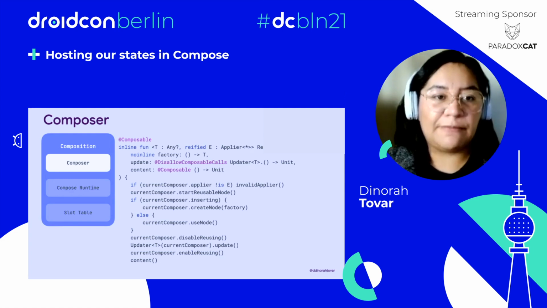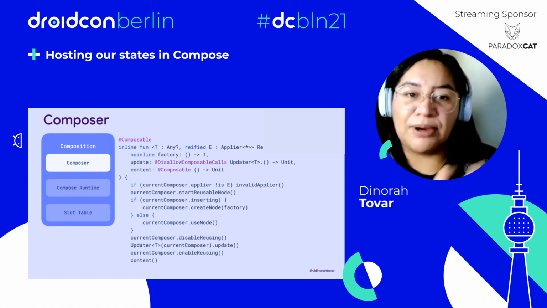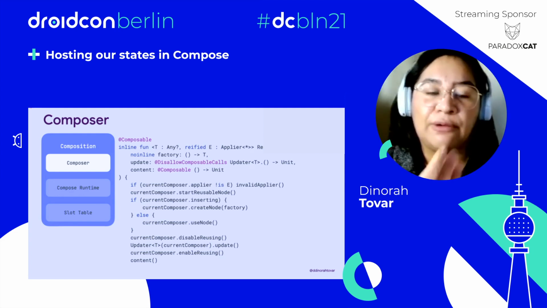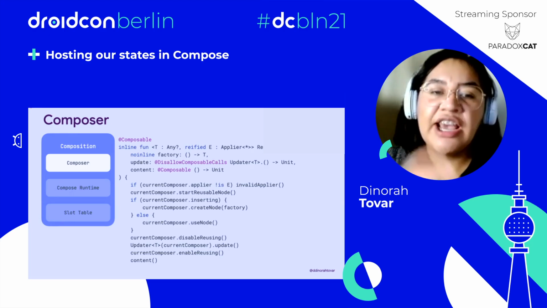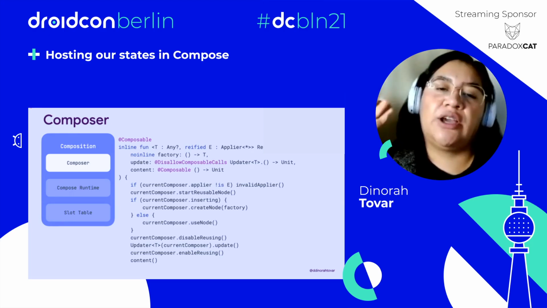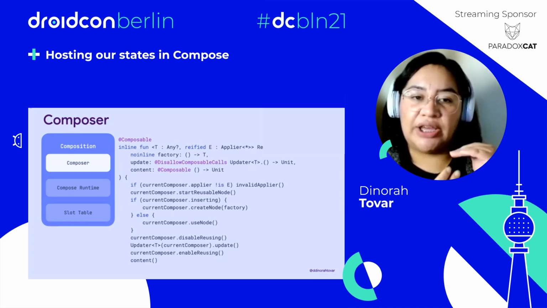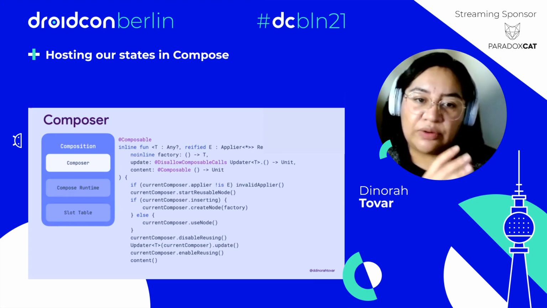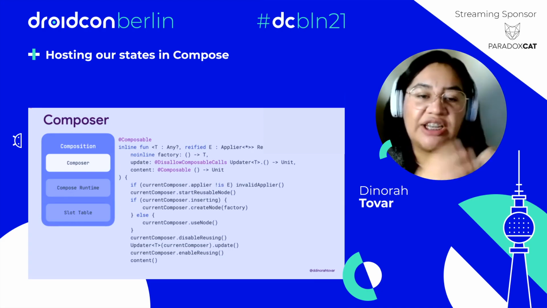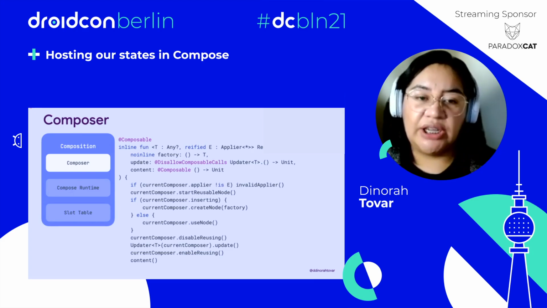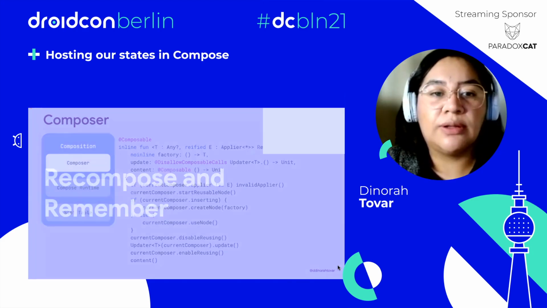Because we are going to be talking about remembering the things that we are using, the values, the state, but we already know that Compose is going to try to reuse nodes and use the current composer to make some changes, inserting and using the node. So this is quite cool.